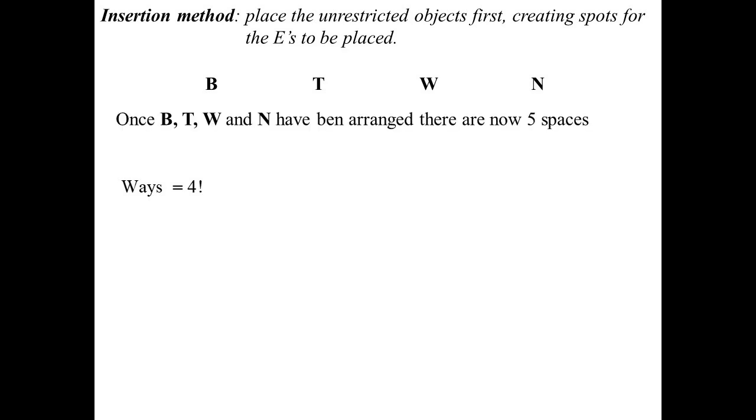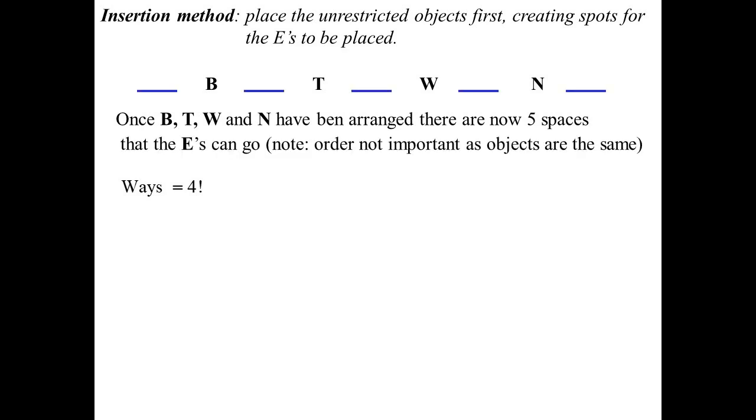The insertion method allows us to do it a lot quicker. It actually is the reverse way of thinking about it. I'm going to arrange the unrestricted objects first. So the unrestricted objects are B, T, W and N. Let's assume they fell into that position. And you'll notice I put a gap between the letters. So what I'm saying is there's 4 factorial ways of arranging the B, T, W and N. But it now creates spaces to put the other letters.